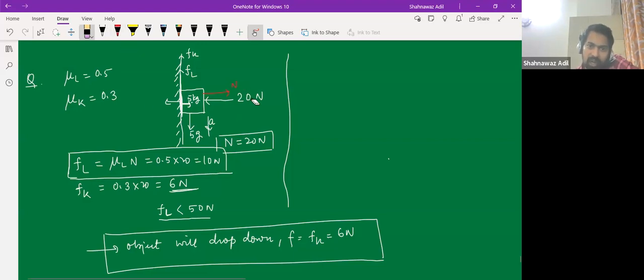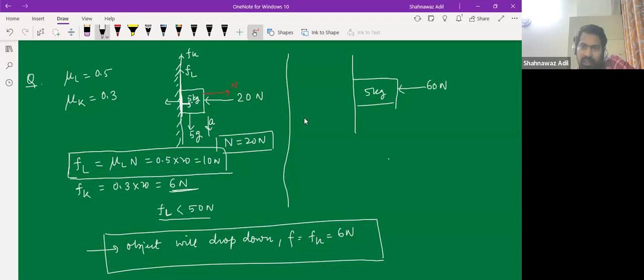Now, this is 5 kg, and when I apply a 60 Newton force to this object, can you tell me what would be FL? Let me tell you. This is 0.5 into 60, so this is 30 Newton.